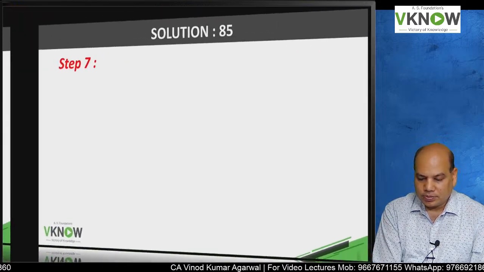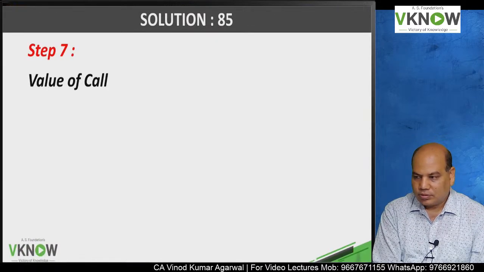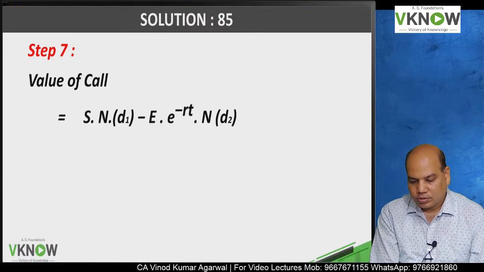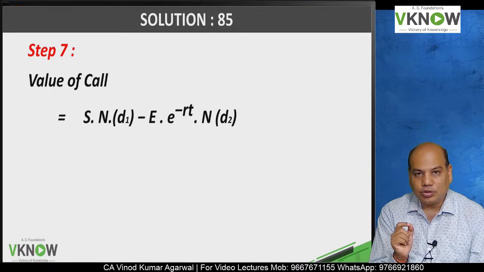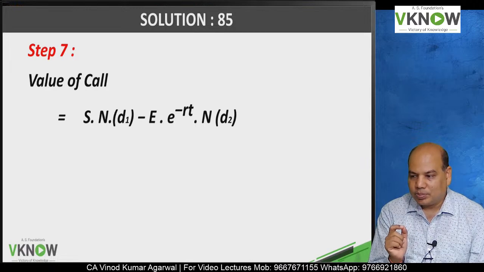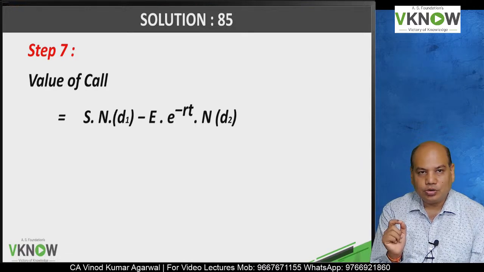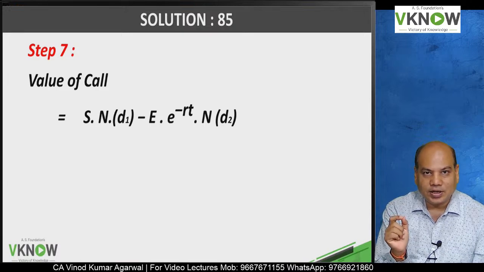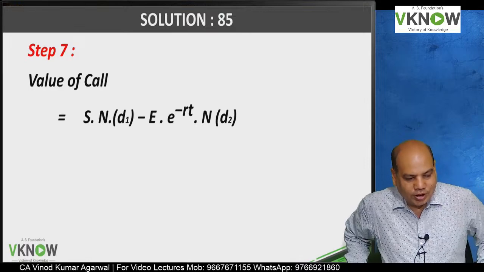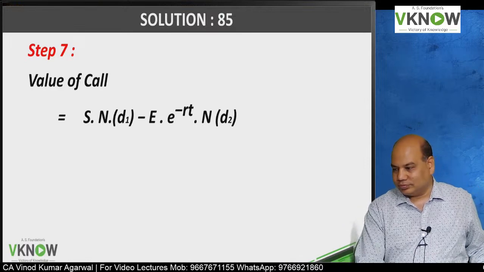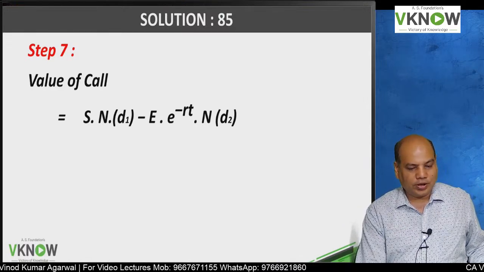Now the last step, step 7, value of call. Do you remember Black-Scholes formula? S into ND1 minus E into e to the power minus RT into ND2.